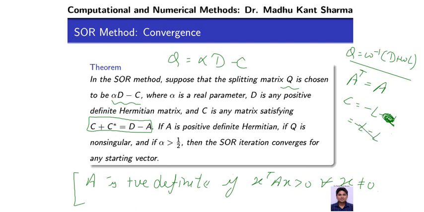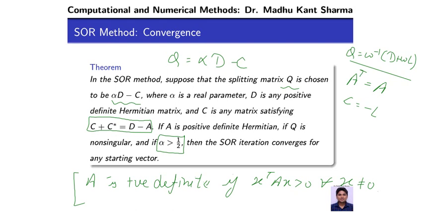So C is equal to minus L, if you recall from the previous lecture. Okay, right. So if A is positive definite Hermitian, meaning if A has real entries, a positive definite symmetric matrix, if Q is non-singular and if alpha is greater than half, then these three criteria will give you the convergence of the SOR method.